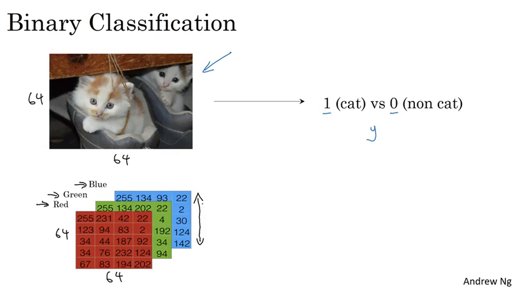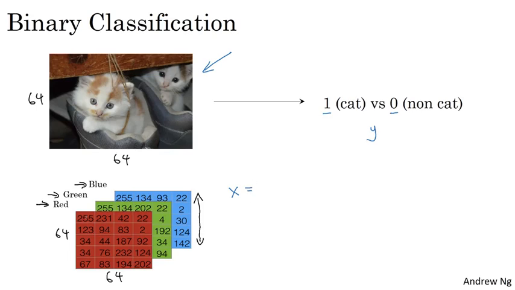So to turn these pixel intensity values into a feature vector, what we're going to do is unroll all of these pixel values into an input feature vector X. We're going to define a feature vector X corresponding to this image as follows.